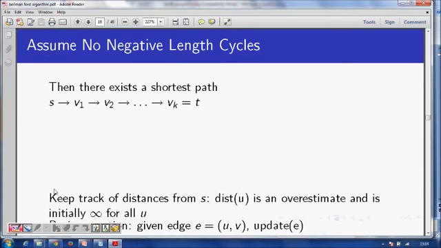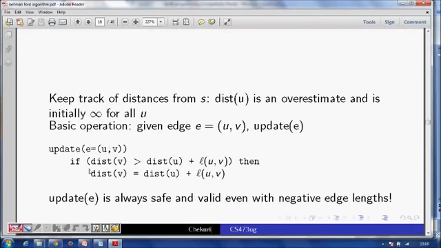Next, there exists a shortest path, and this update is safe even when you have negative length edges. Why is that true? Even if you have negative weight edges, this update method will work. So why?